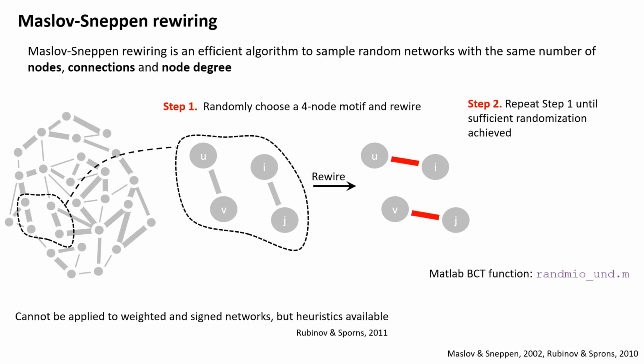In this rewiring step, we're not losing any connections. However, this approach can't be applied to weighted networks, or there are heuristics that can be used, but they don't necessarily preserve strength. But check out the work by Rubinov and Sporns if you're interested in the weighted versions of this.